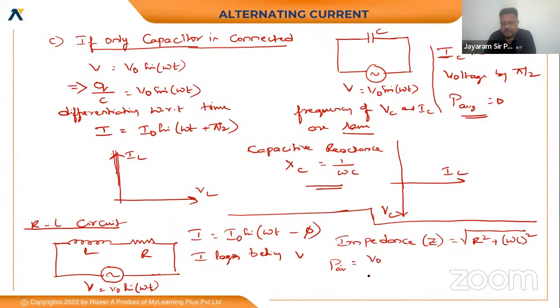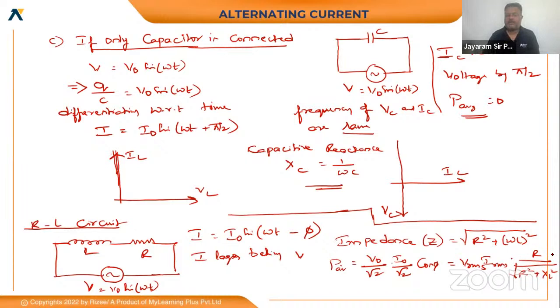That will be equal to V naught by root 2 into I naught by root 2 into cos phi, or it is equal to VRMS into IRMS into R by root over R square plus XL square.